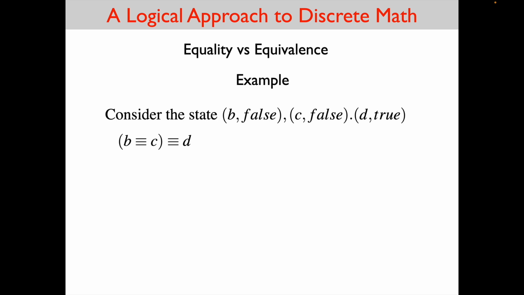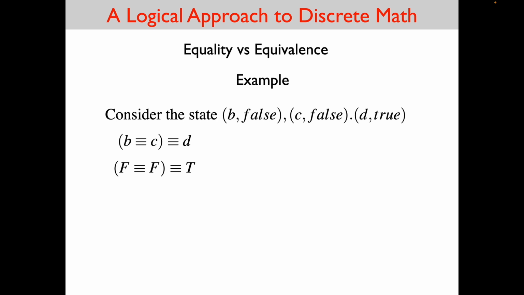First, let's consider B equivales C, in parentheses, equivales D. Let's consider this Boolean expression in the state B is false, C is false, and D is true. Then what we would have is (false equivales false) equivales true.